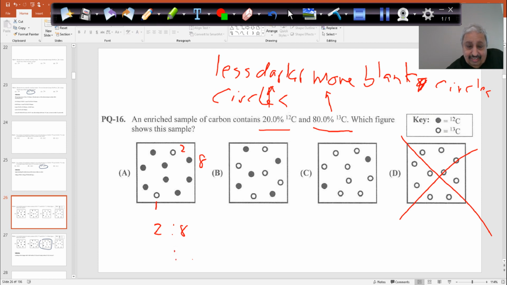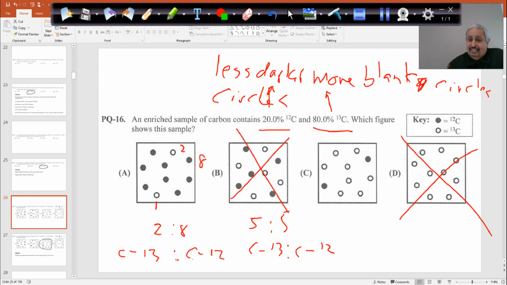This is C12, that's the darker one. This is C13. So here I have 1, 2, 3, 4, 5 of the darker one, or maybe 1, 2, 3, 4, 5 to 5, the C13 to C12. 5 to 5. Well, 5 means 50 to 50, so I can eliminate this easily.